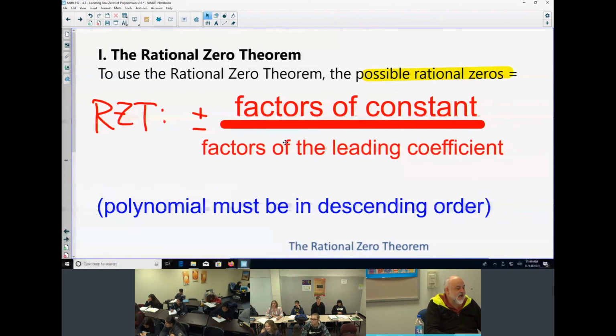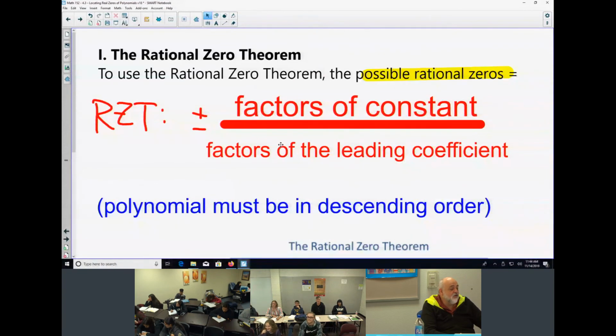The caveat is that the polynomial must be in descending order. Otherwise that's not your leading coefficient, and that would throw you off. What this is doing is not telling you the answer, it's just telling you where to look.